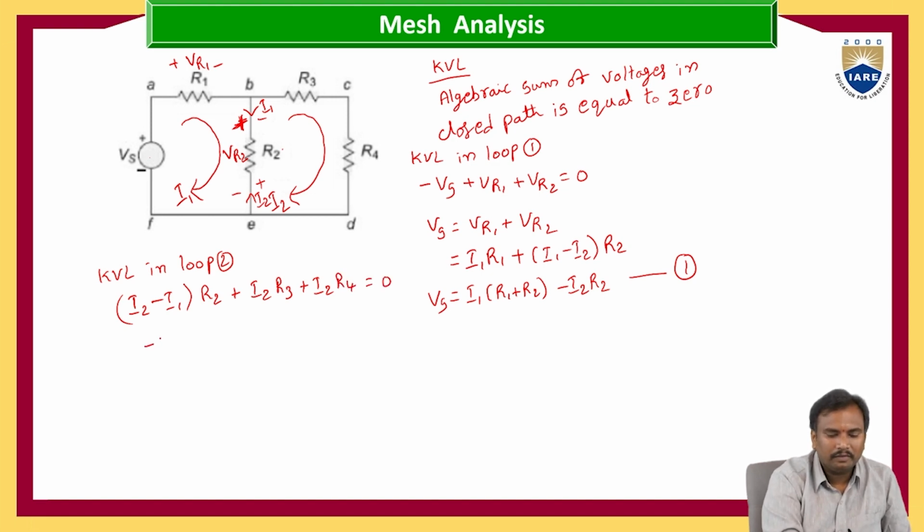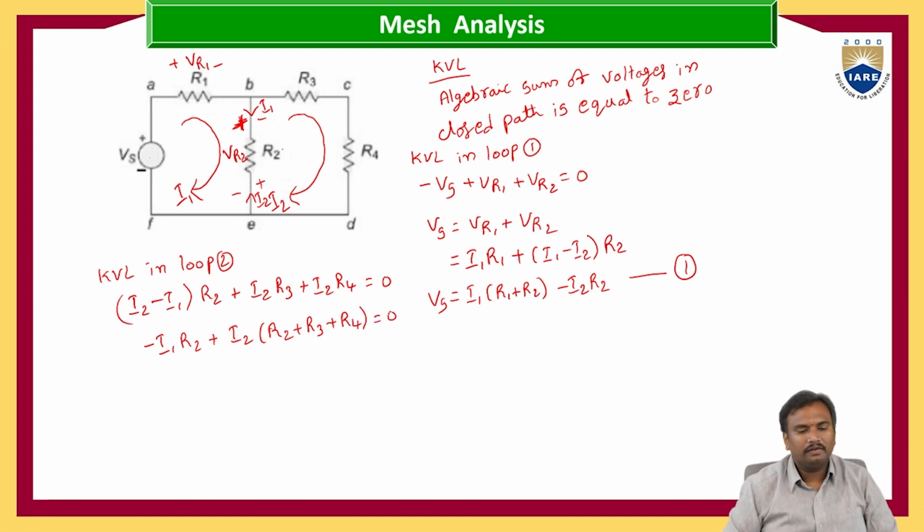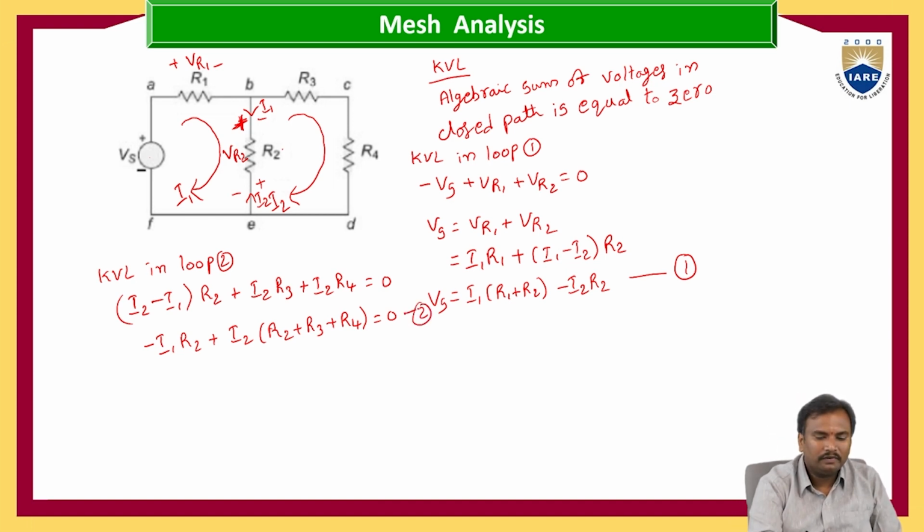Here minus I1 R2 plus I2 into R2 plus R3 plus R4 is equal to 0. Now we got the equation in terms of I1, I2. This is equation number 2.